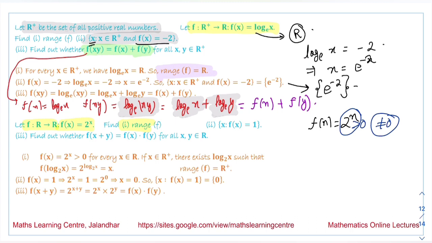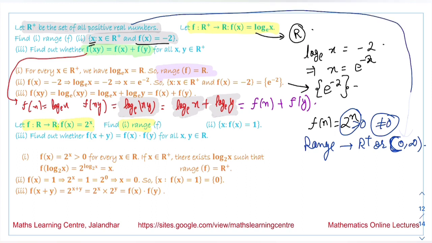It always has a positive value. So the range we have is R positive, or the open interval 0 to infinity, or the set of all positive real numbers. This is the R positive we are talking about.